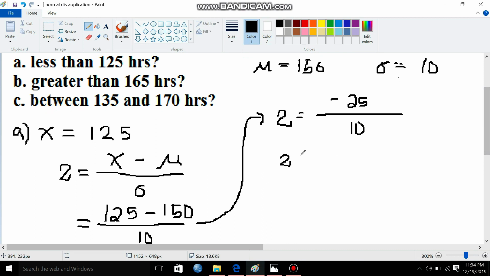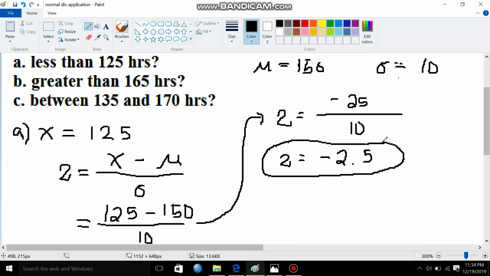Next is to divide these two numbers. Negative 25 divided by 10 is negative 2.5. So that's the Z score for the X value, or raw score, of 125.